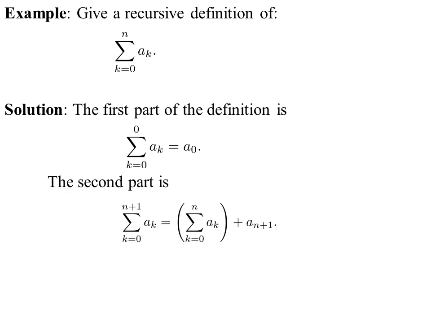The second part is the recursive part, where we'll be defining the value at n plus 1 in terms of n. Here sigma k ranges from 0 to n plus 1 of ak is equal to sigma k equal to 0 to n of ak plus a n plus 1, which will give us the recursive step for this recursive function.